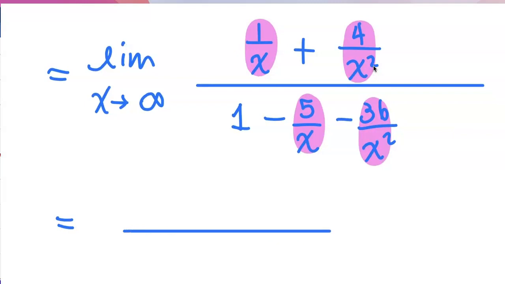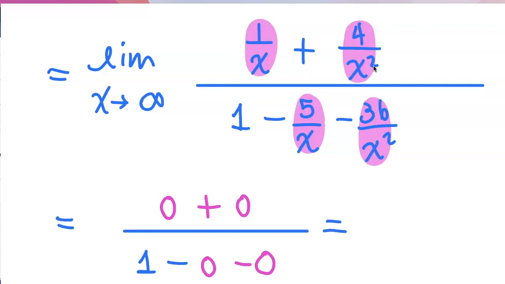So that's why this entire fraction will now turn into 0 plus 0 on top, and in the denominator we will have 1 minus 0 minus 0. If you simplify this, it turns into 0 over 1, which is 0.